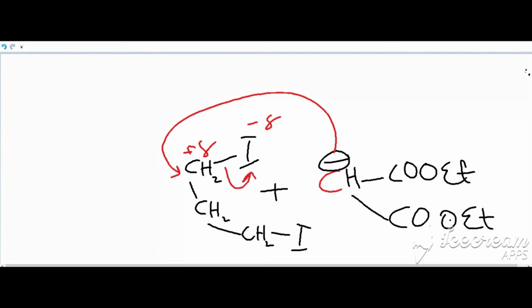You can see that now the iodide ion is removed, and what is formed?